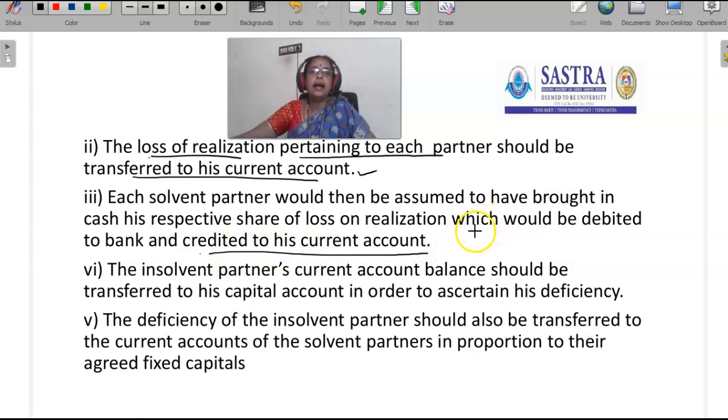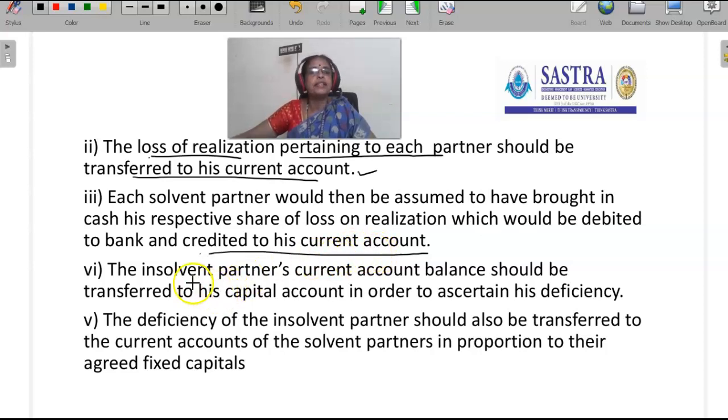According to the Garner versus Murray rule, the solvent partner should bring cash equivalent to the share of the realization loss, and that should be debited to bank account and credited to his current account, not the capital account.